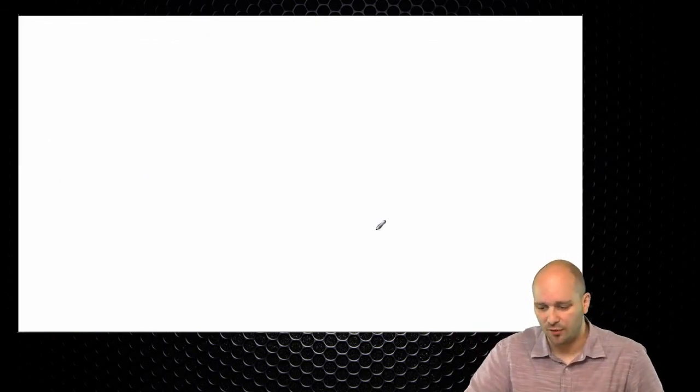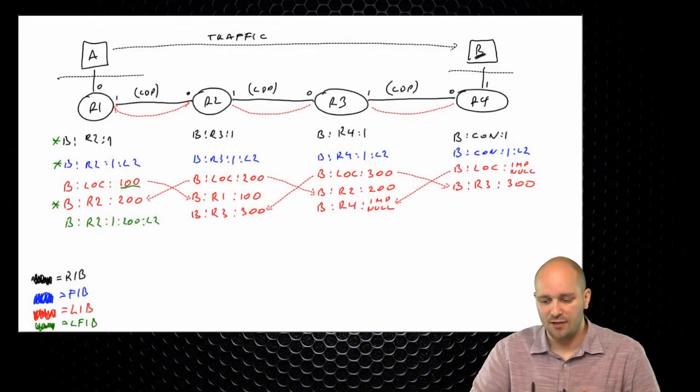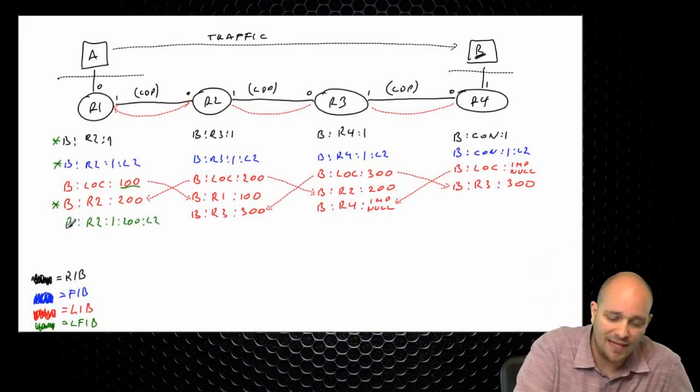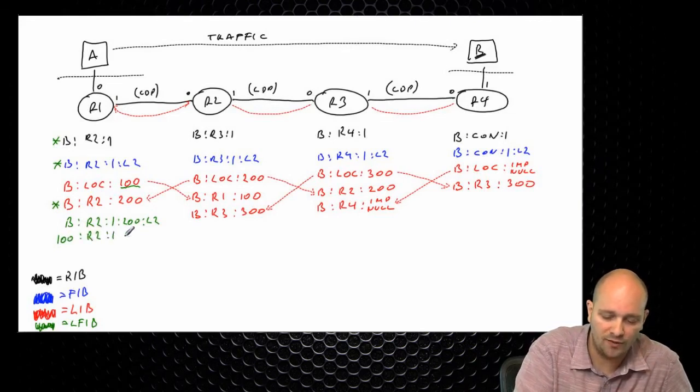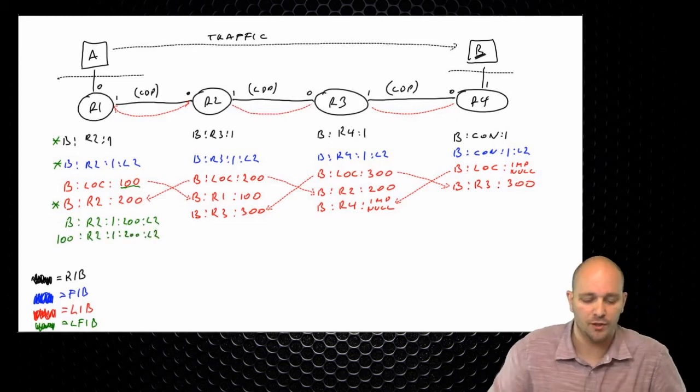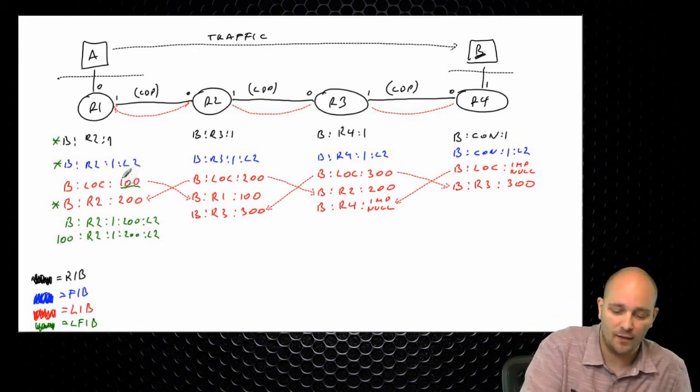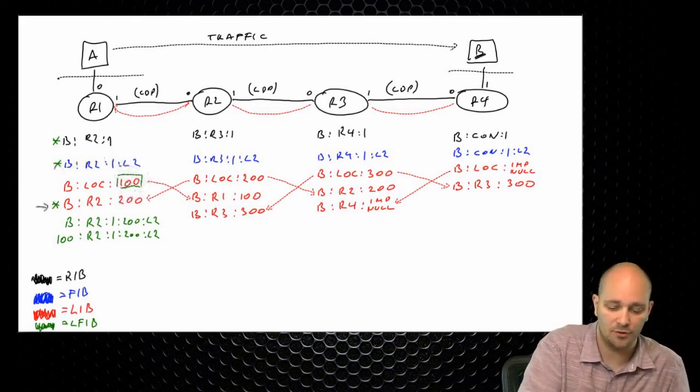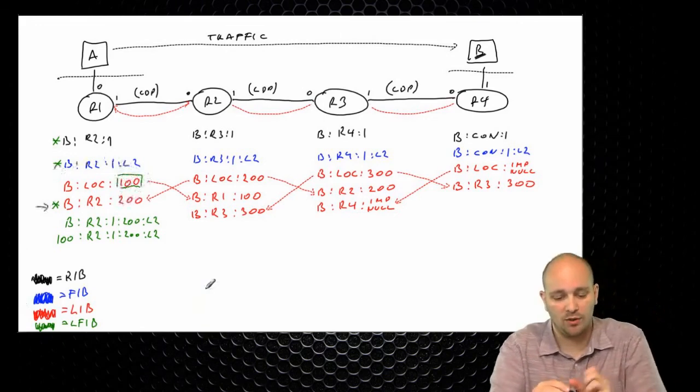The second entry is: if you receive a packet labeled with 100, send it to R2 out of interface 1 using label 200 with the following layer 2 parameters. Basically, we are telling it, if we receive this label, this is where we need to send it out. Now, let's see what R2 does.